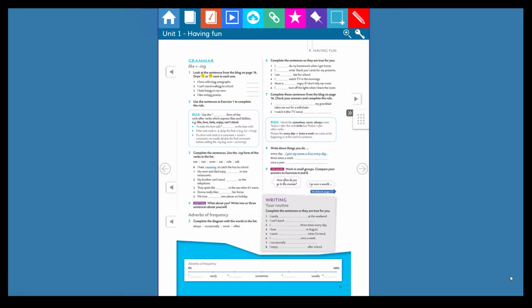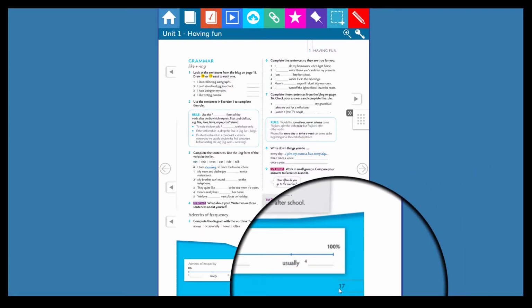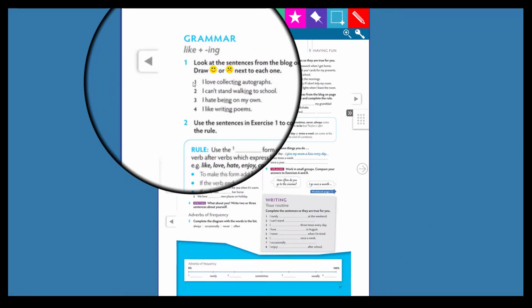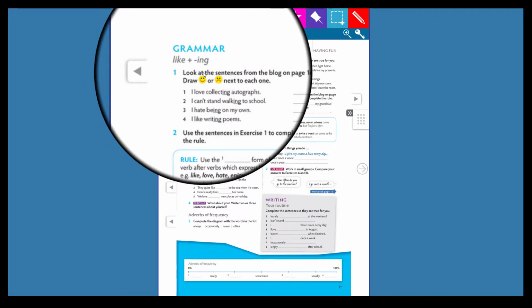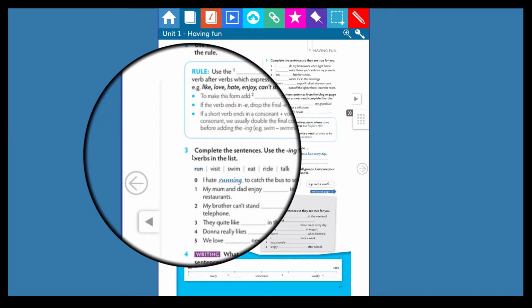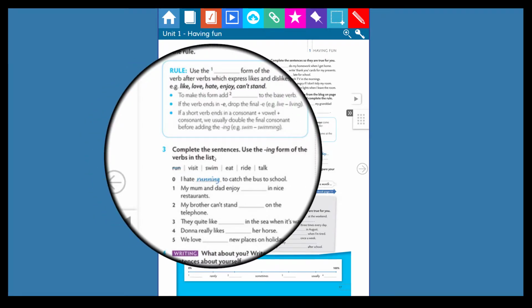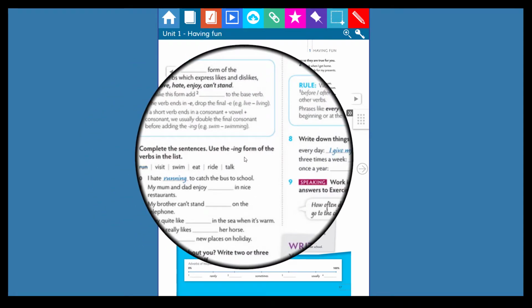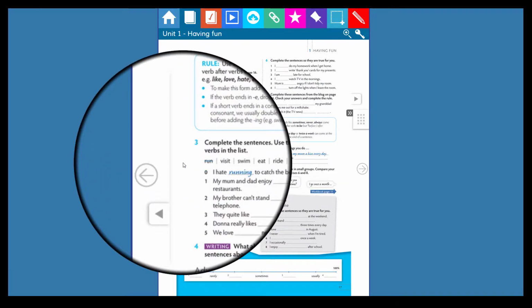Now I need that you please open your student books on page number 17. Page 17, please. Activity number 1. Grammar, like plus ing. Okay? And we're going to do activity number 3. Complete the sentences. Use the ing form of the verbs in the list.